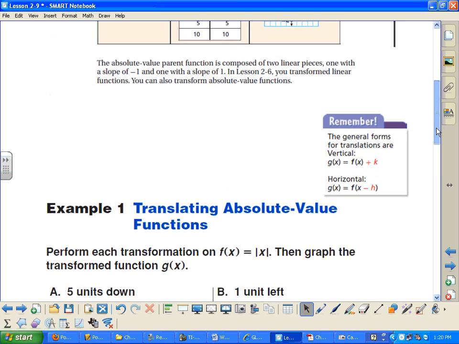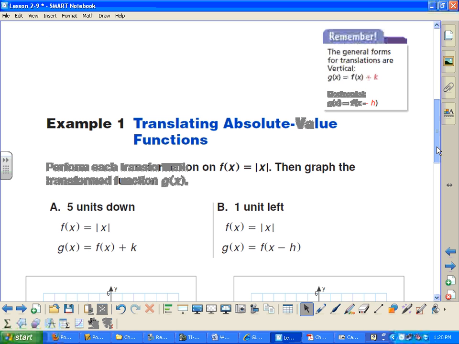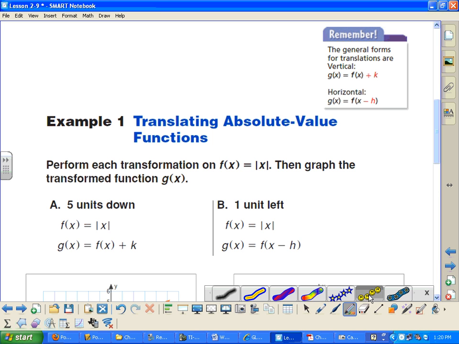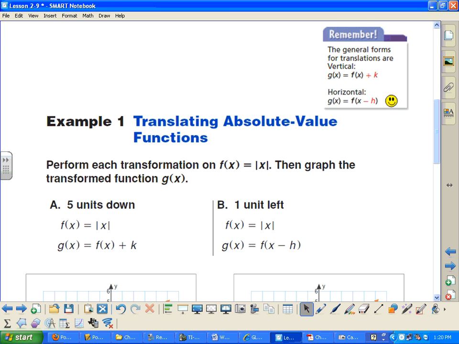We're going to go ahead and do the transformations. A reminder of horizontal and vertical translations: if we have a vertical translation, that means we're adding onto the function itself, so we would have the absolute value plus something. If it's a horizontal translation, then it's inside.